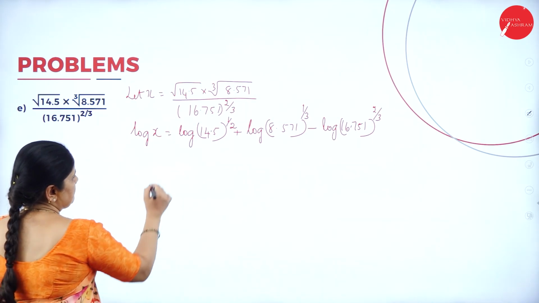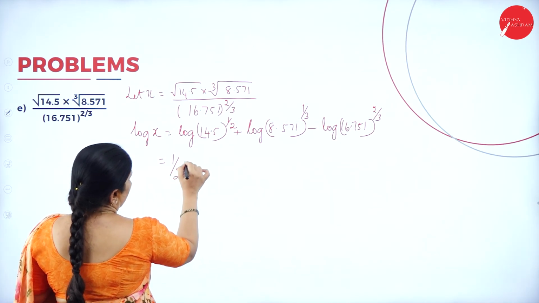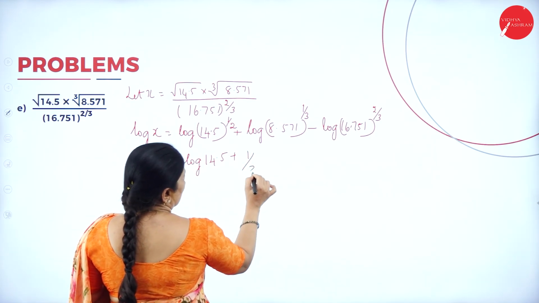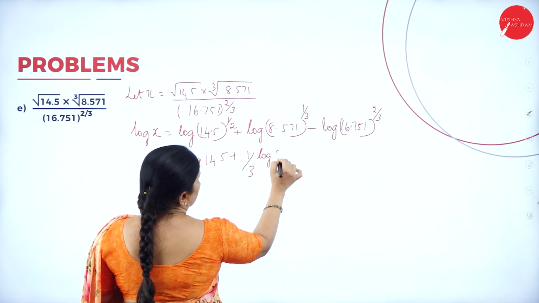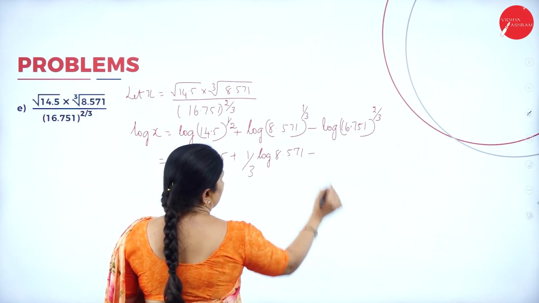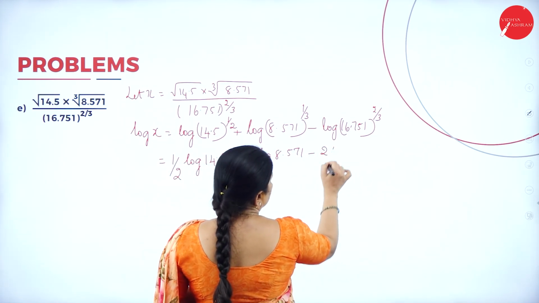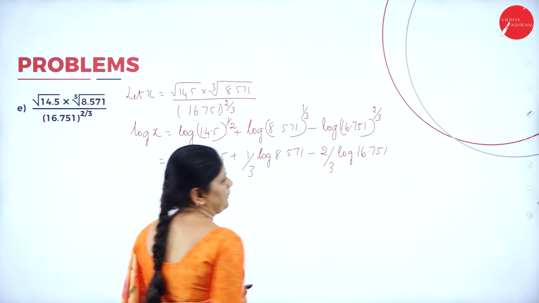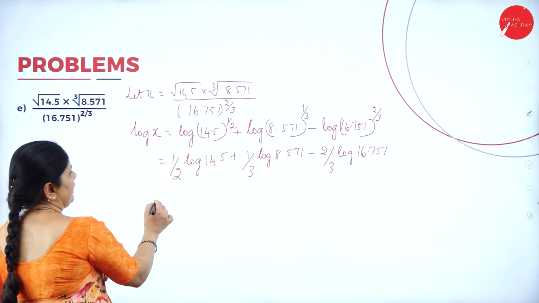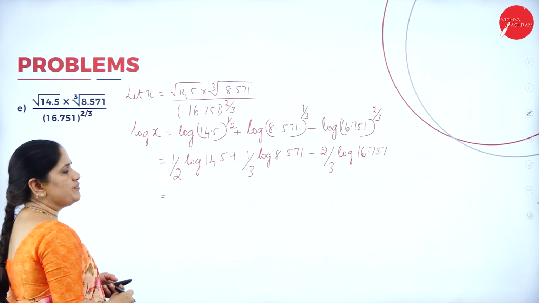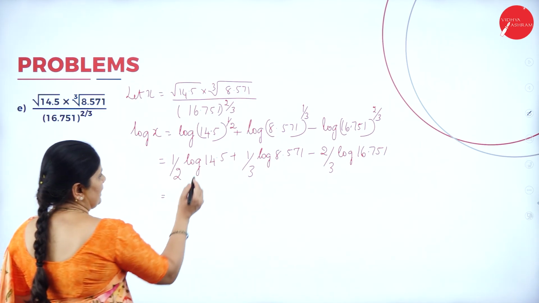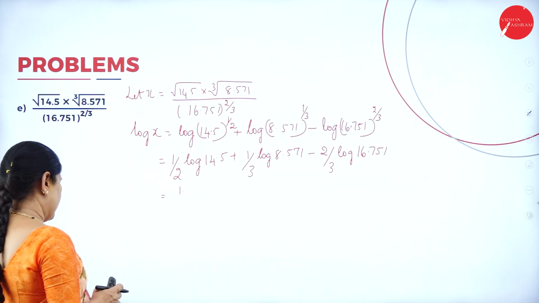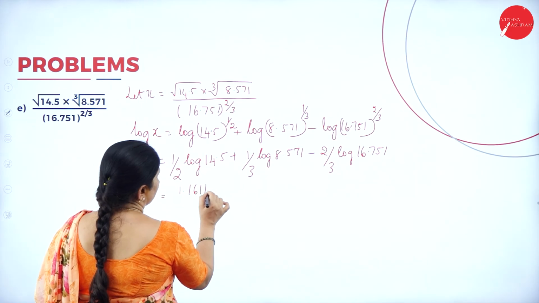Now when we simplify this, I will get half log 14.5 plus 1 by 3 log 8.571 minus 2 by 3 log 16.751. Now when I find the log value of 14.5, so that will be 2 minus, there are 2 digits, so 1 point. So the log value of 14.5 is 1614.